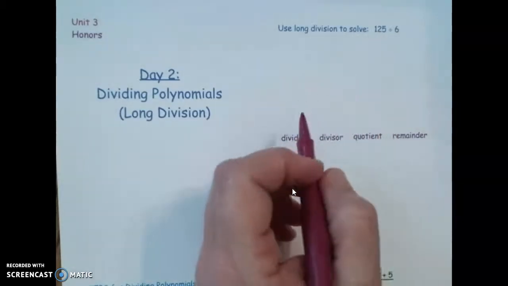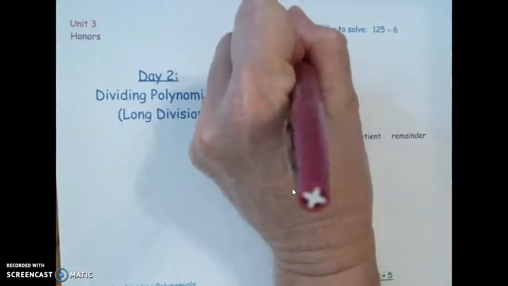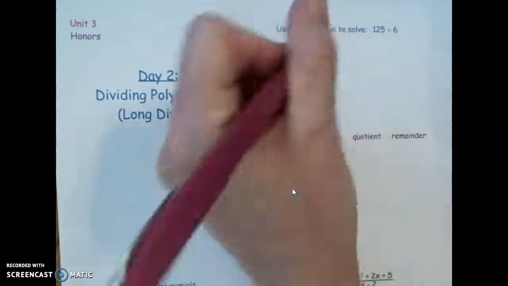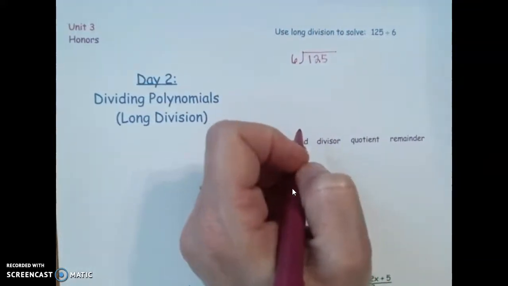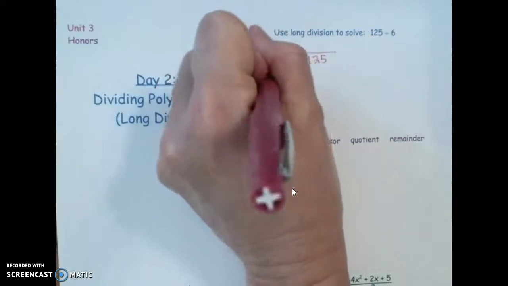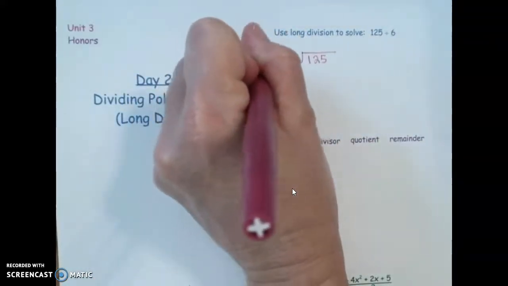So we're going to do this with long division. If you will remember, we're going to do 6 divided into 125. I'm going to go over the parts. So 6 is called our divisor.